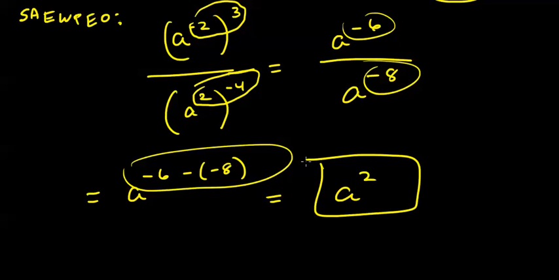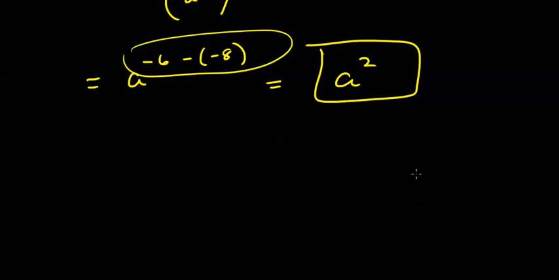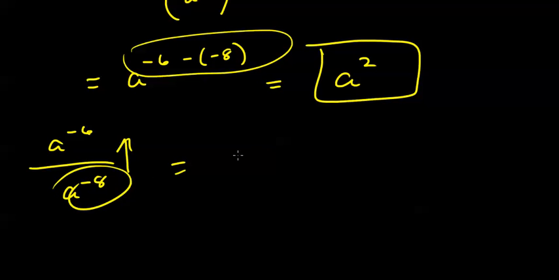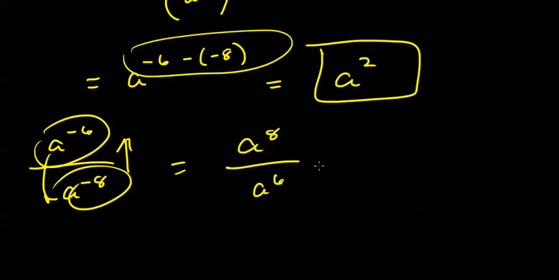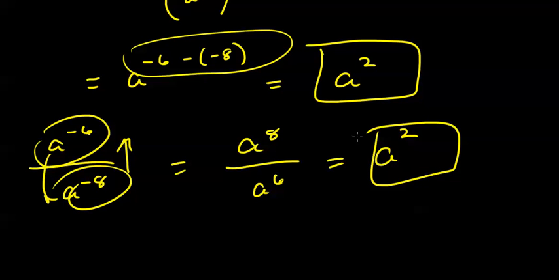Minus 6 minus minus 8 is a squared, and you're done because you've expressed it as simply as you can with positive exponents. I suppose I could have said also this if we take it from this point. Same example. Could I not say this comes upstairs as a to the 8th power, and then this comes downstairs as a to the 6th power? So I can informally say that 6 factors of a in the denominator cancel out all but 2 factors of a, and I get the same answer a little more informally. Okay?